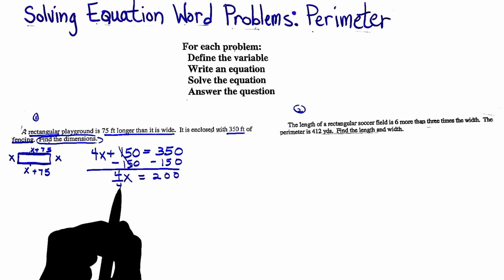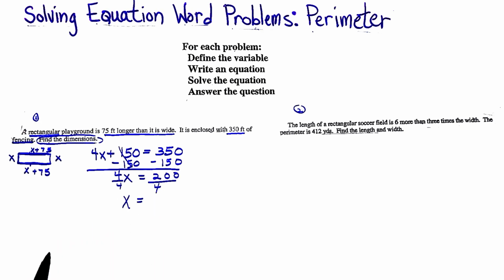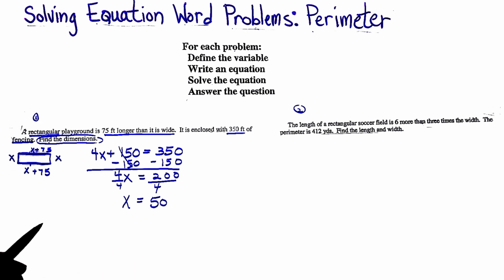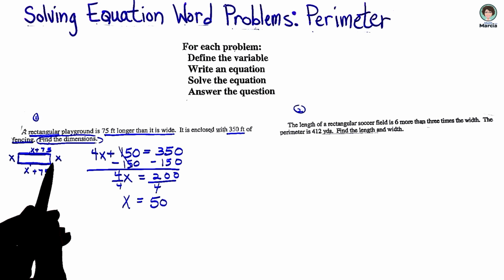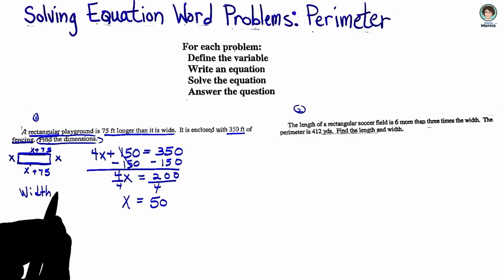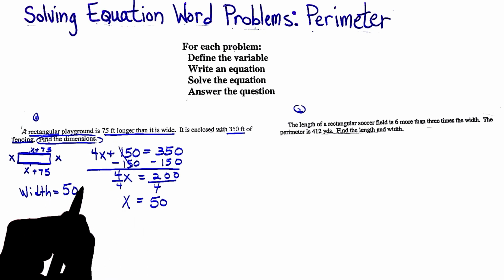Again, the opposite of multiplication is division. We divide, so we find that X is equal to 50. Looking at this, X is our width. So I'm just going to write my width is equal to 50, and remember, it is in feet.